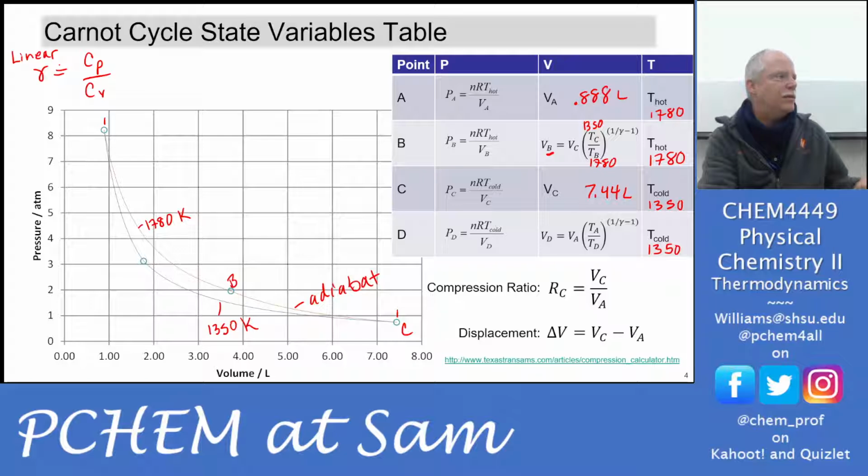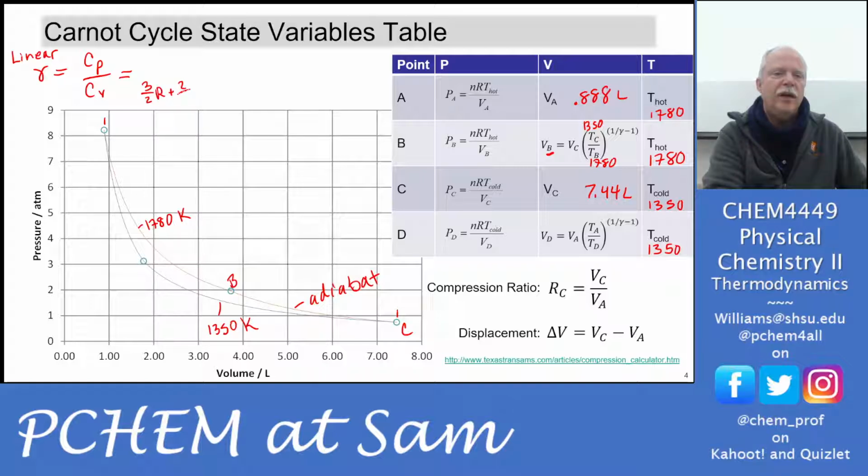So we have a linear set of molecules, and so let's do our CV first. Translation was 3/2 R plus 2/2 R for rotation. And then up here, it's 3/2 plus 2/2 plus another 2/2 R. So my R's all cancel. My halves all cancel.